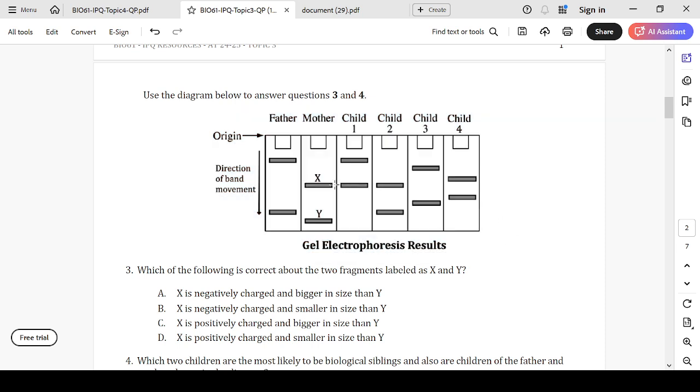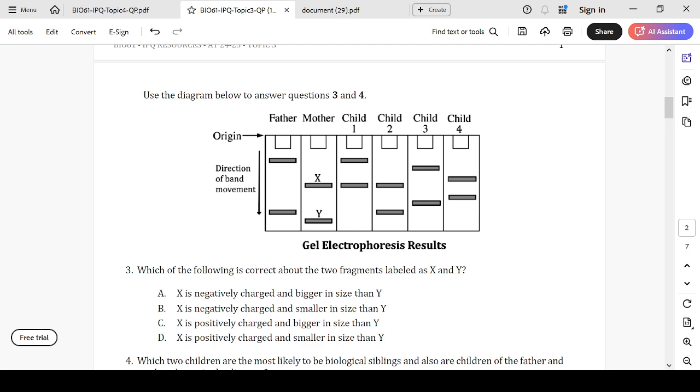Why do we call this negative? Because this one is close to the negative charge. X is positive charge and bigger in size. No, X is not positive charge and smaller in size than Y.